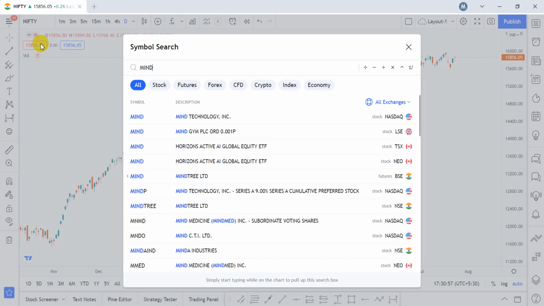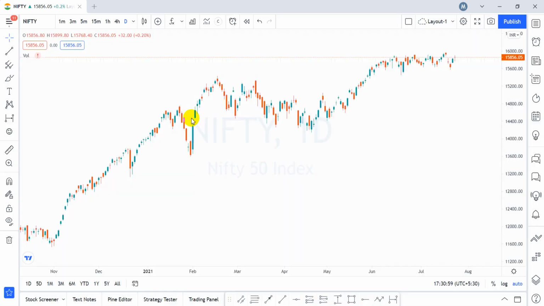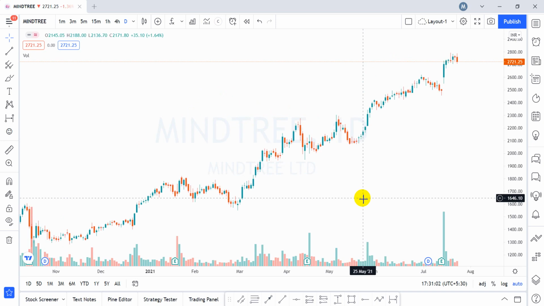Let's go to Mindtree, and no detailed technical analysis is needed. We don't need a lot of indicators over here. We will keep our system as simple as possible, and we will be using certain parameters, certain checks before identifying a territory, a range where we should be taking the entry into Mindtree.